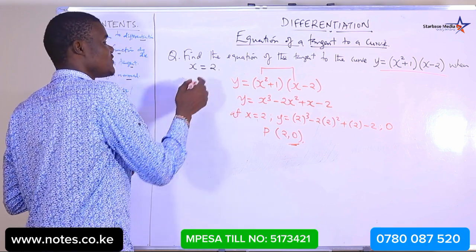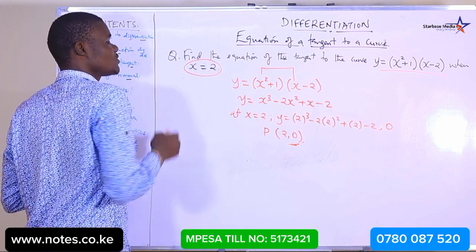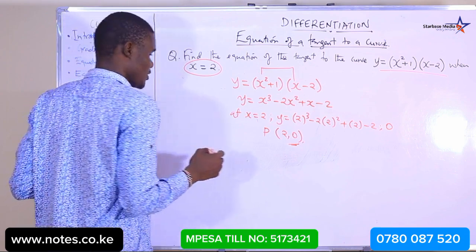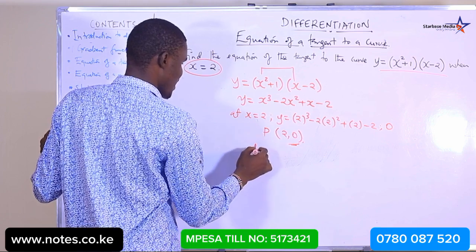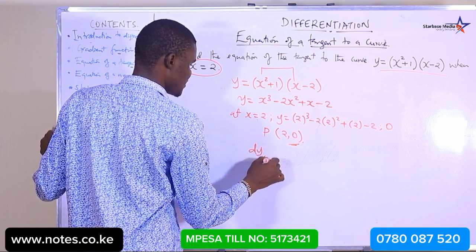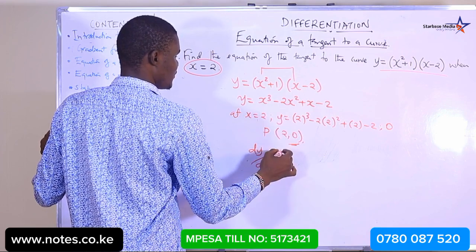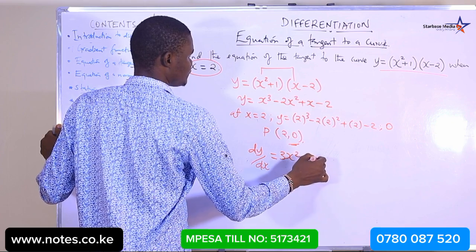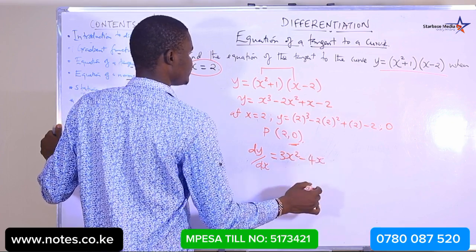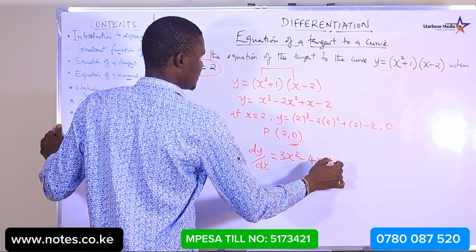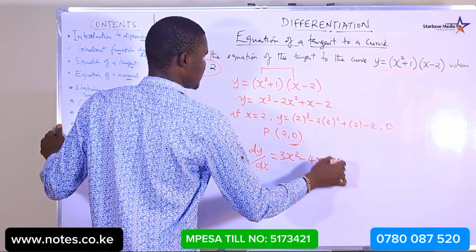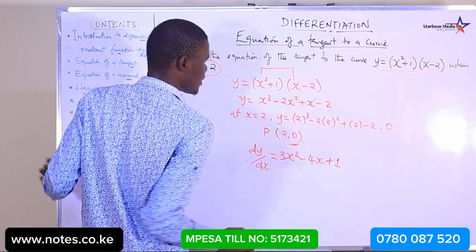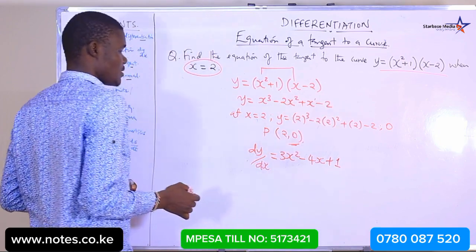Then we replace the value of x in the gradient function in order to get the gradient at that particular point. So we are going to say dy over dx is equal to 3x squared minus 4x plus 1.